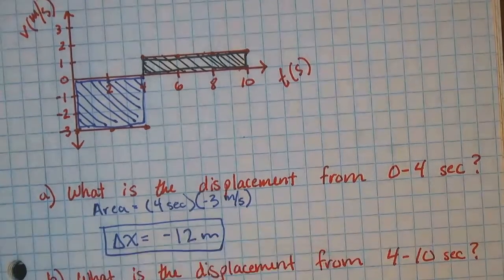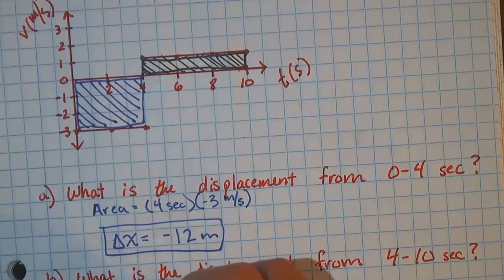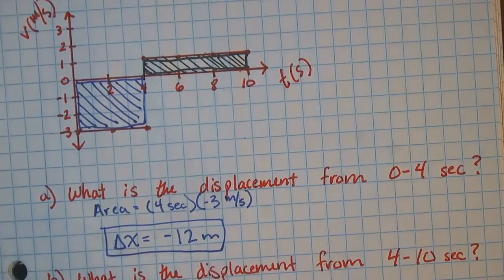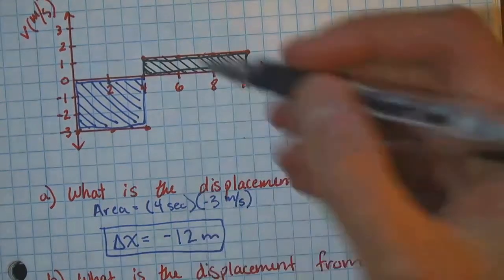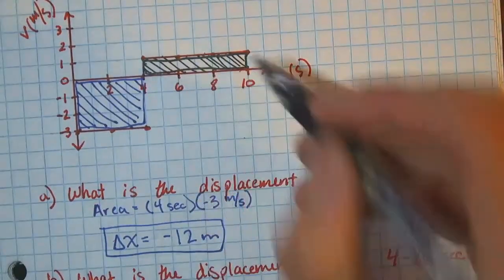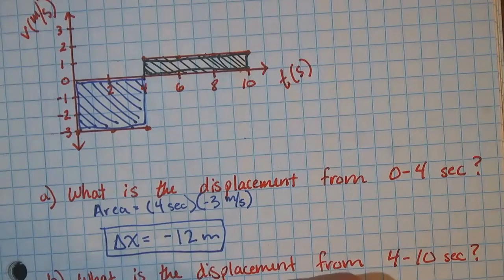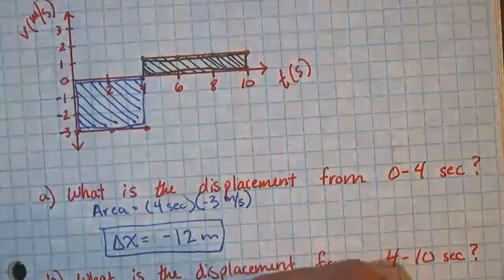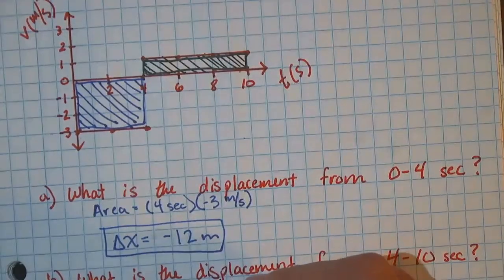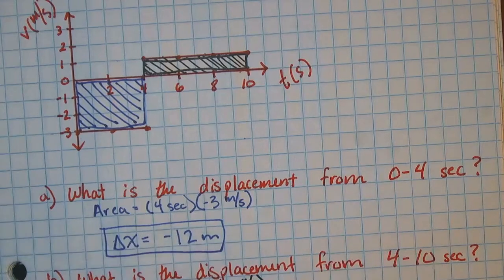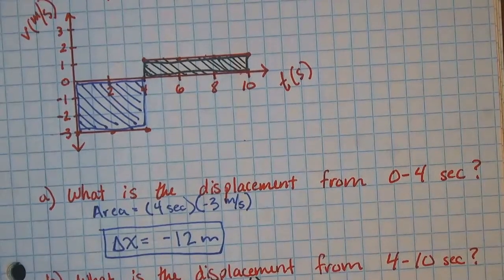So now we just have to find our area. That is going to be base, which is 2, 4, 6, 6 seconds, times the height, which is just 1 meter per second. It is kind of cool, you can check your units here.